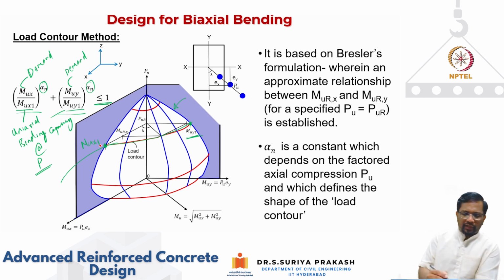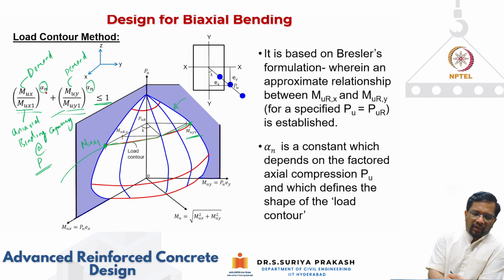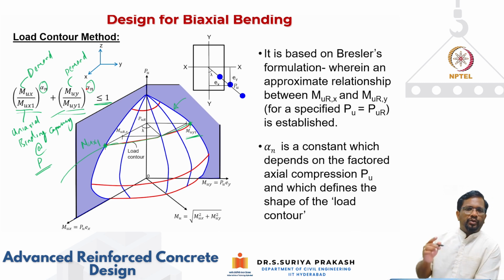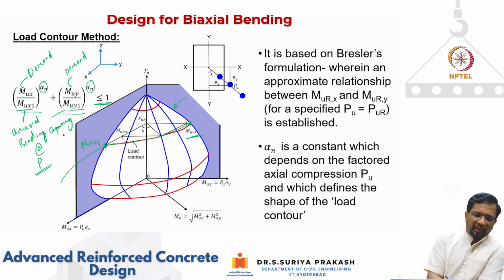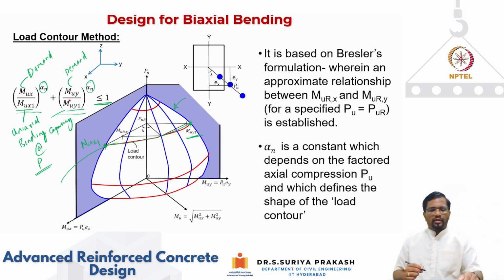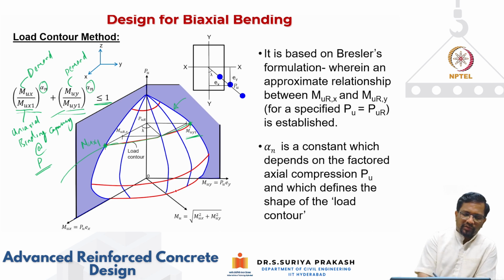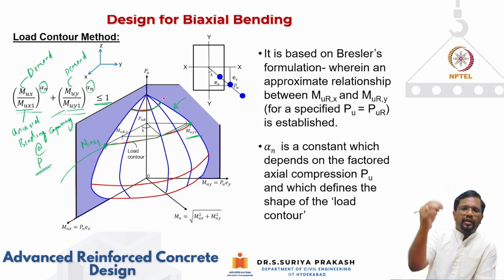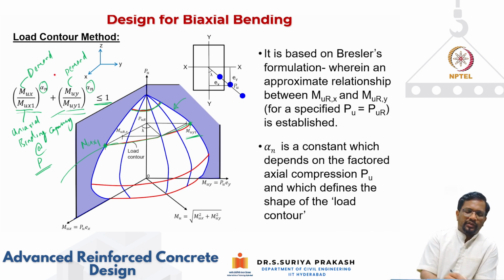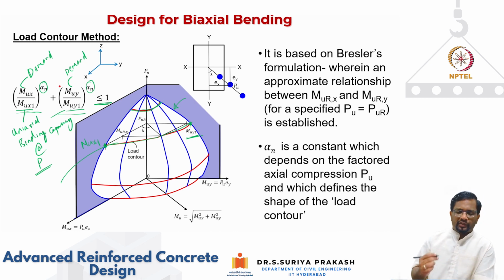Now you see here, if I keep alpha n equal to 1, this can be approximated as a line, because these capacities are constant values, right? And if I take alpha n as 2, it is going to form a circular curve like this. So at high levels of axial compression, this equation takes a circular form.